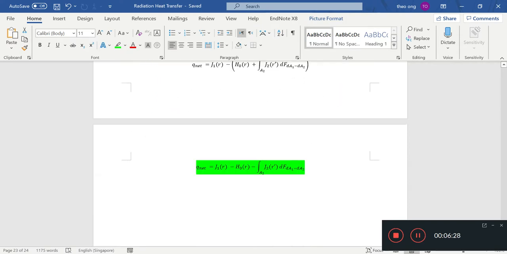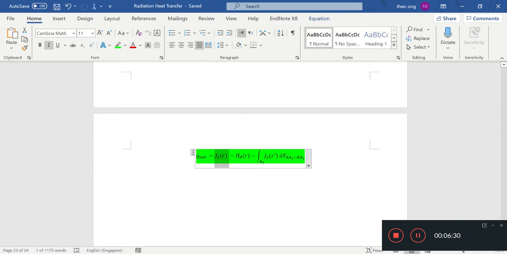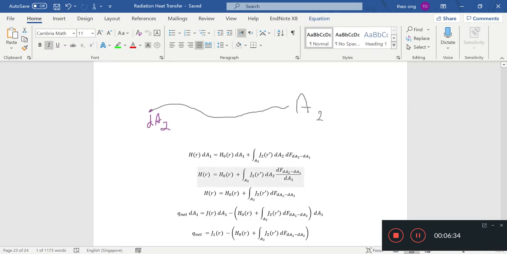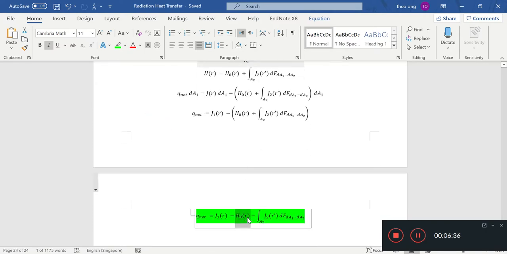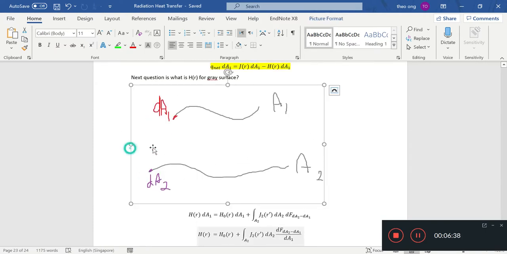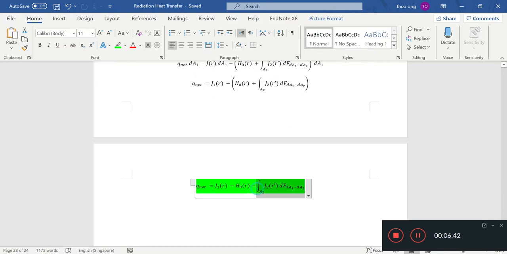That is equal to the radiosity, whatever is radiating out, minus whatever heat flux is coming from the outside, that's to say not from area 2, plus whatever contribution is coming from area 2 due to the radiosity. Of course, if the other surface was black, then we can use the blackbody emissive power E_b to replace the radiosity. But for now, we'll leave it as is.